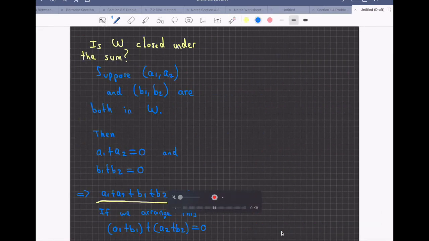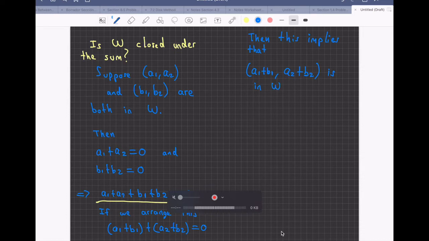So then this implies that A1 plus B1, comma, A2 plus B2 is in W. But this is only what?